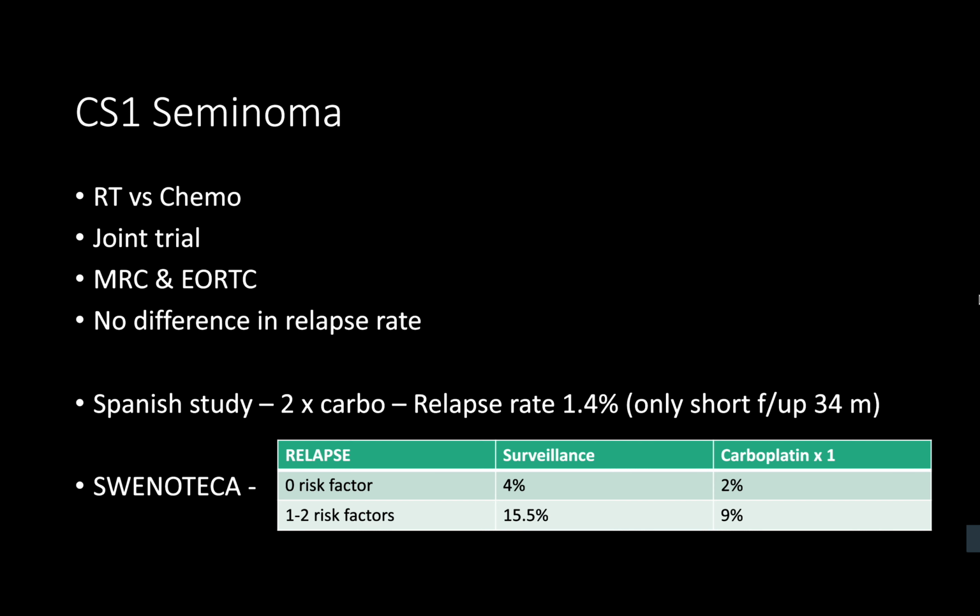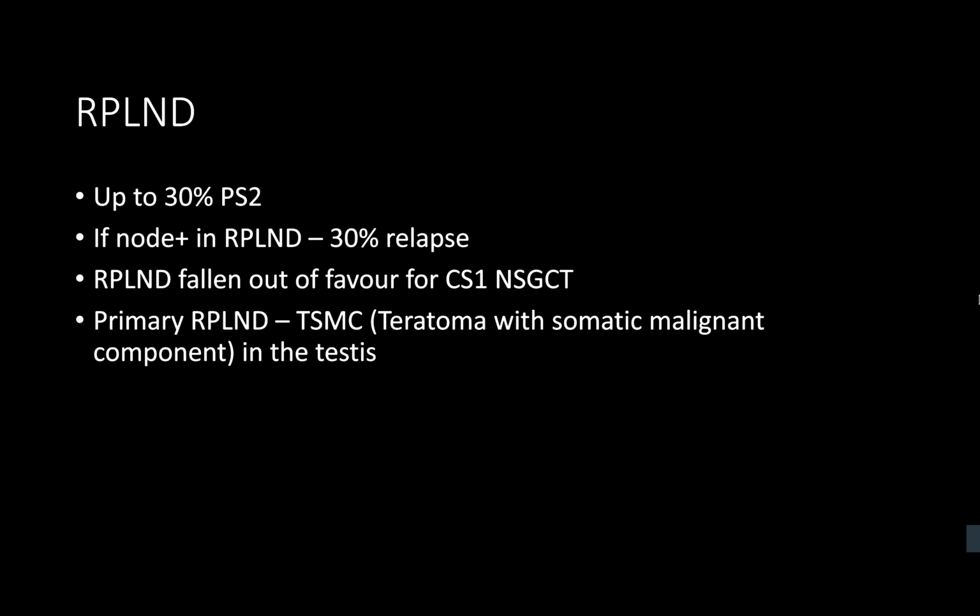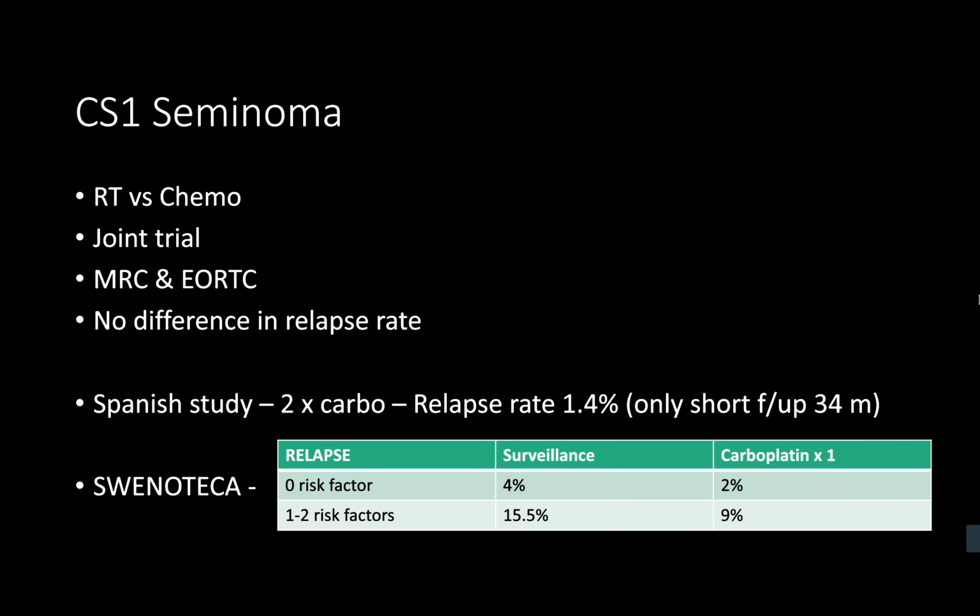In the first 2 years, the patient needs to be seen every 6 months with physical examination and tumor marker. There is no need for chest X-ray in stage 1 seminoma, and the abdominal CT will be done twice, at 3 months and 12 months, in the first year.